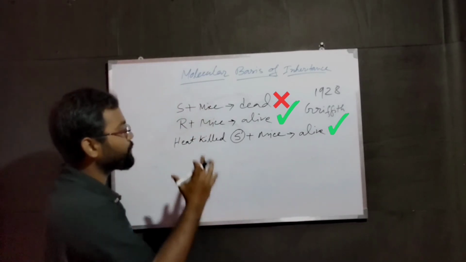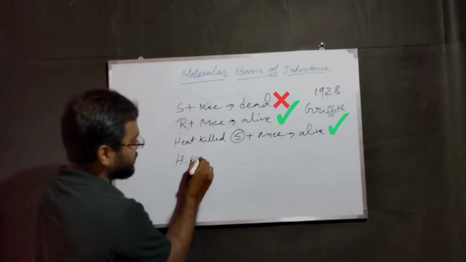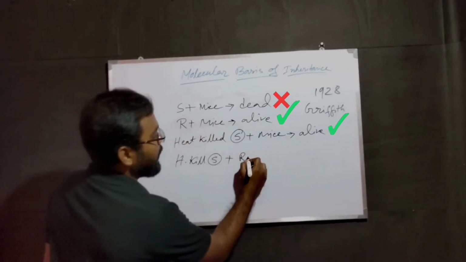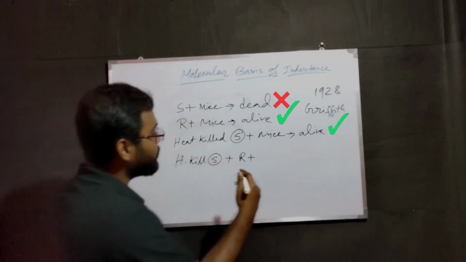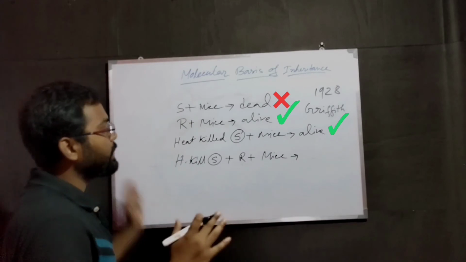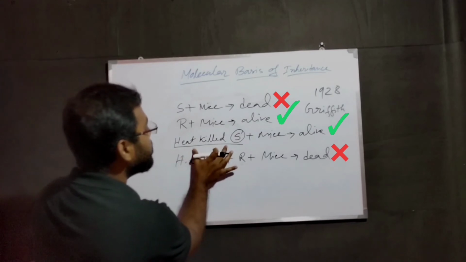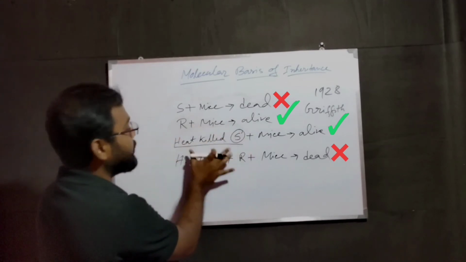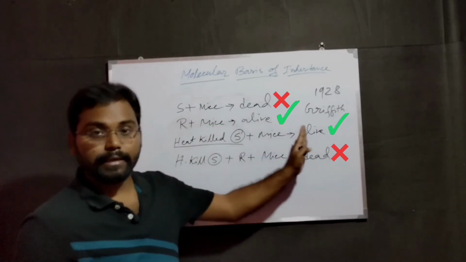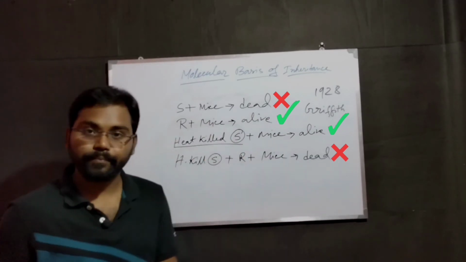Next, he mixed the heat-killed S with R, and the total mixture was injected into mice. And he found that the mice were dead. See, the heat-killed S and R are not virulent individually, but when they are mixed up, they are virulent.